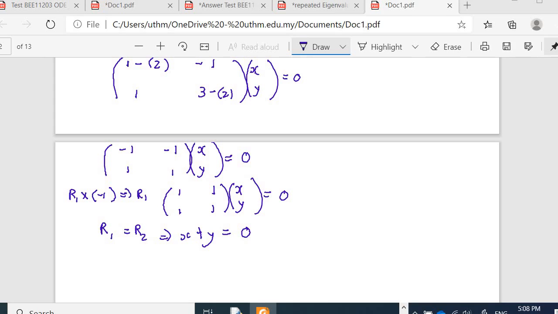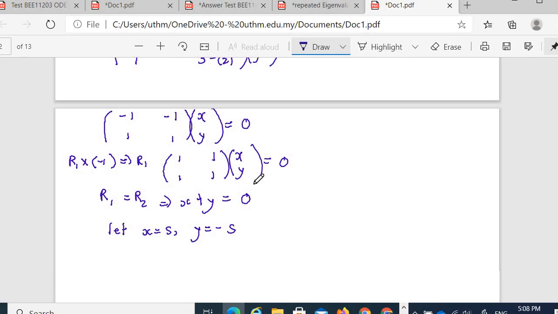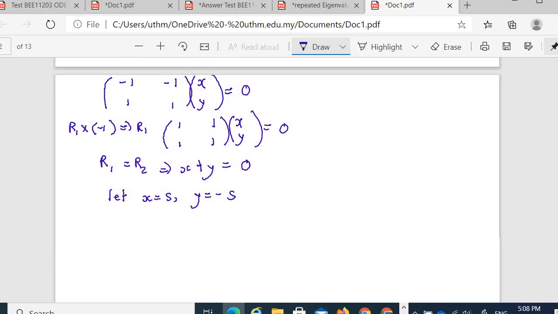Because x plus y equal to 0, if I let x equal to s, then y will be negative s. Or the other way, you may let y be s, then x will be negative s. That's why you have infinitely many solutions, because you got two unknowns but only one equation left.